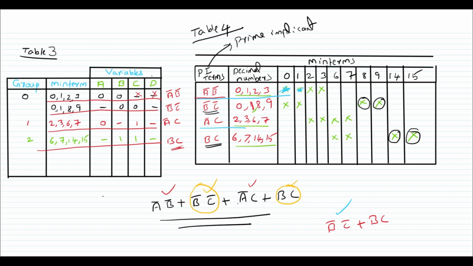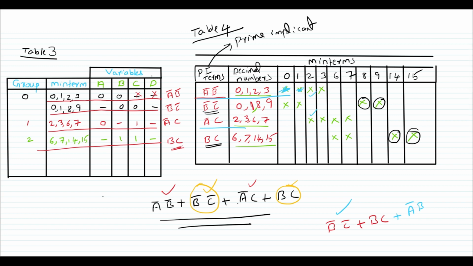And now check 2. 2 is available with A bar, B bar and A bar, C. It is not in the answer. So we should take either A bar, B bar or A bar, C. We don't need to take both.